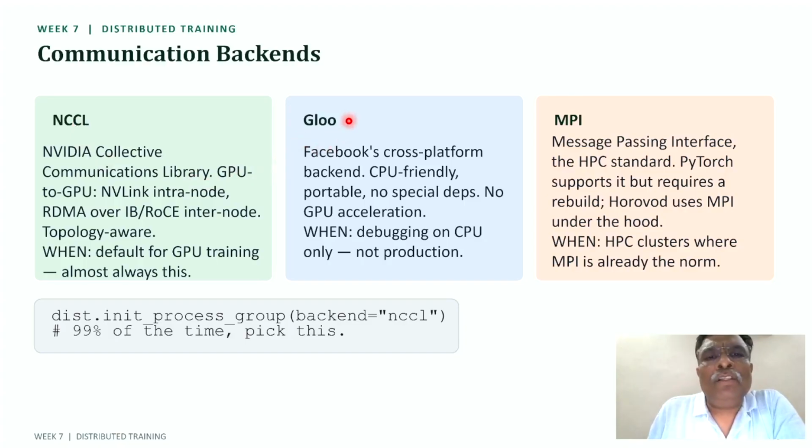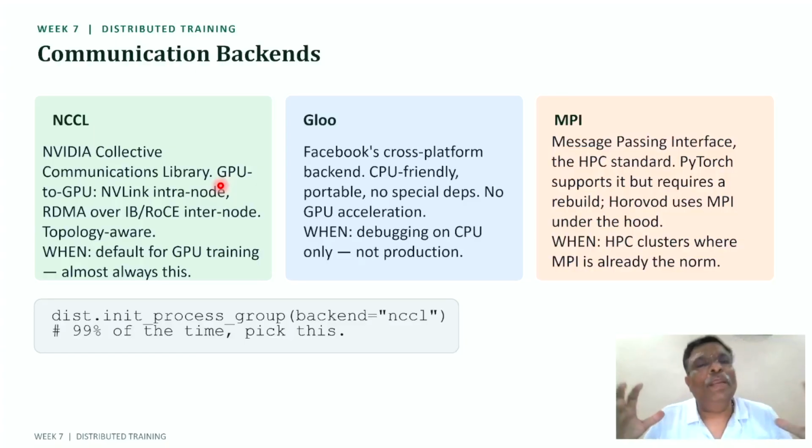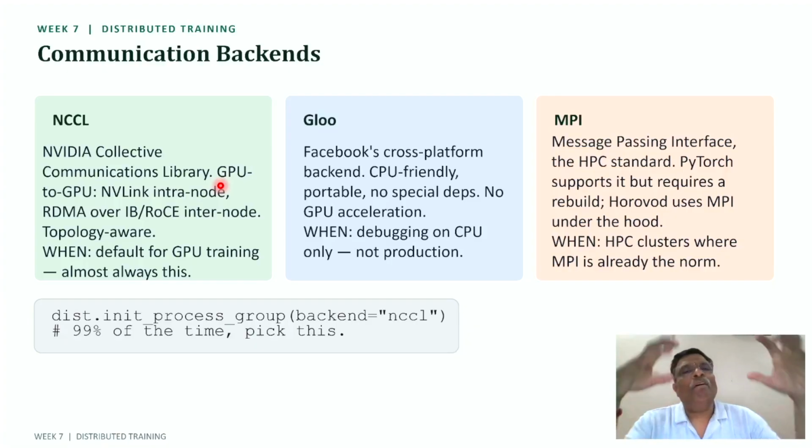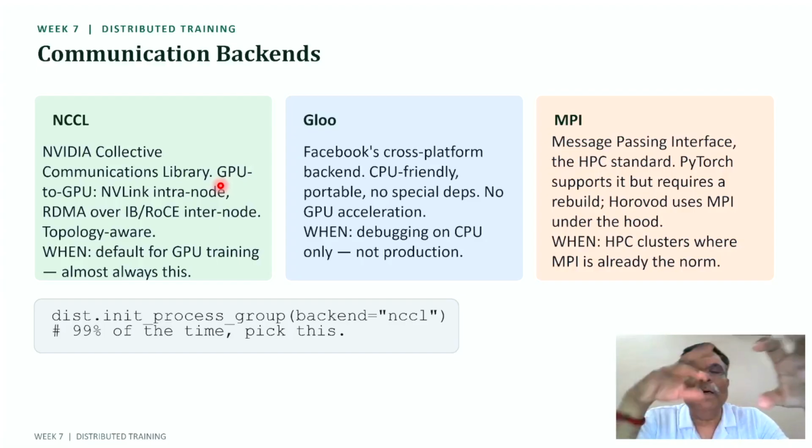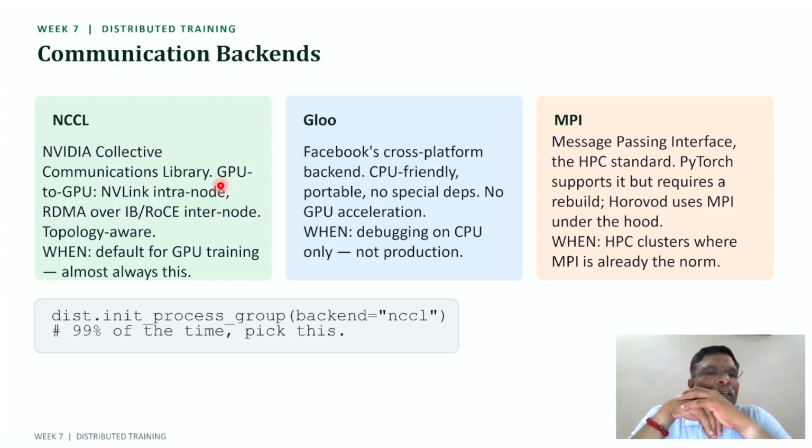We also have something called Gloo, and MPI. NCCL is the NVIDIA Collective Communication Library, which helps us communicate from GPU to GPU. If we have a DGX server, we have NVLink connecting all the GPUs, which is intranode, inside a node.